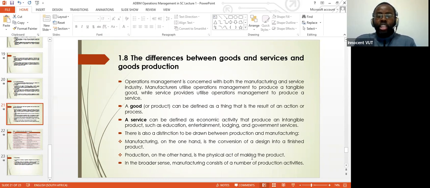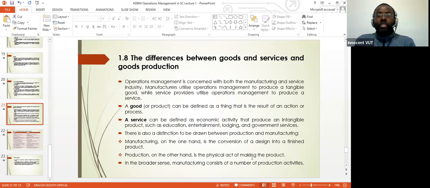There is also a distinction to be drawn between production and manufacturing. Manufacturing, on the one hand, is the conversion of a design into a finished product. And then production is the physical act of making the product.